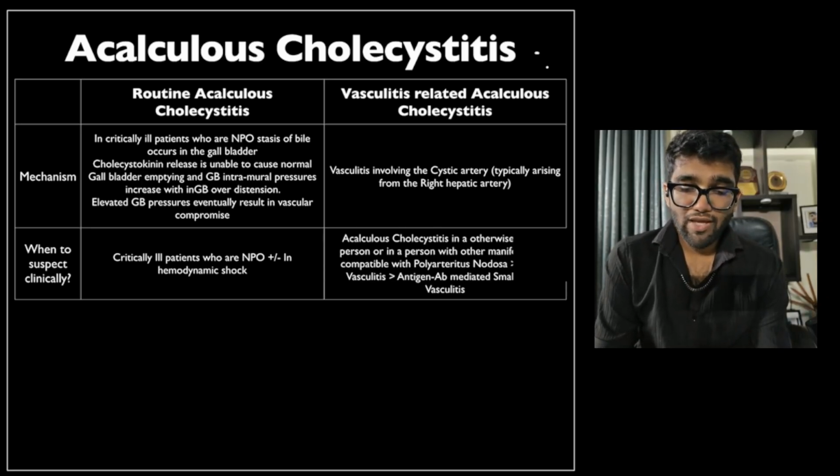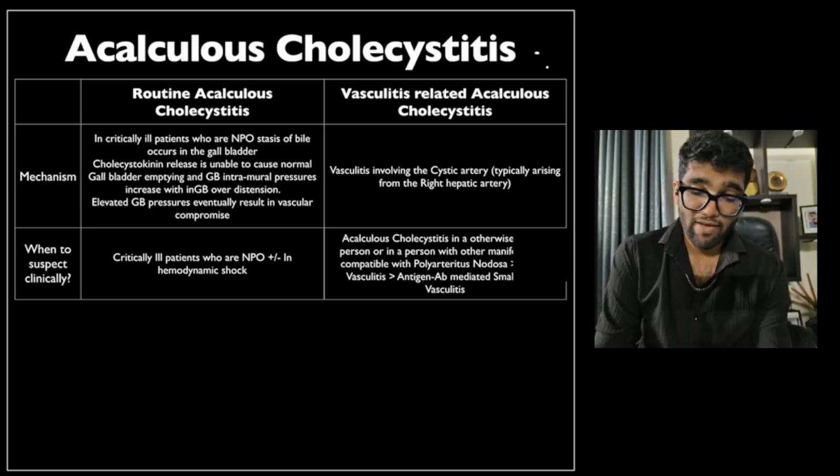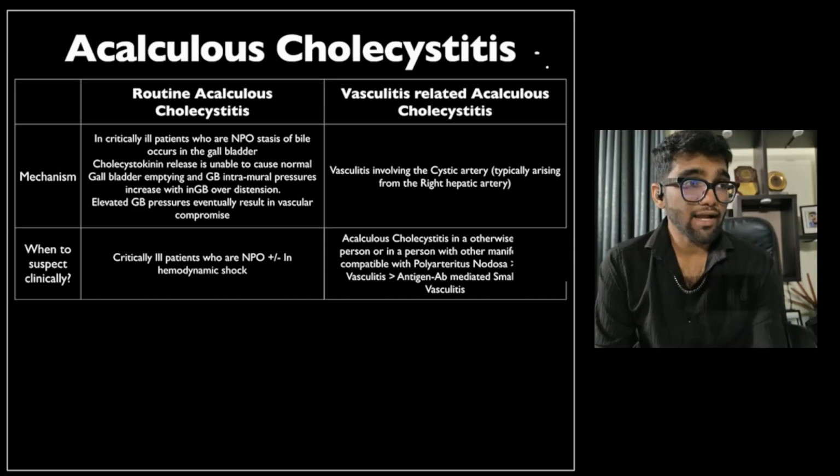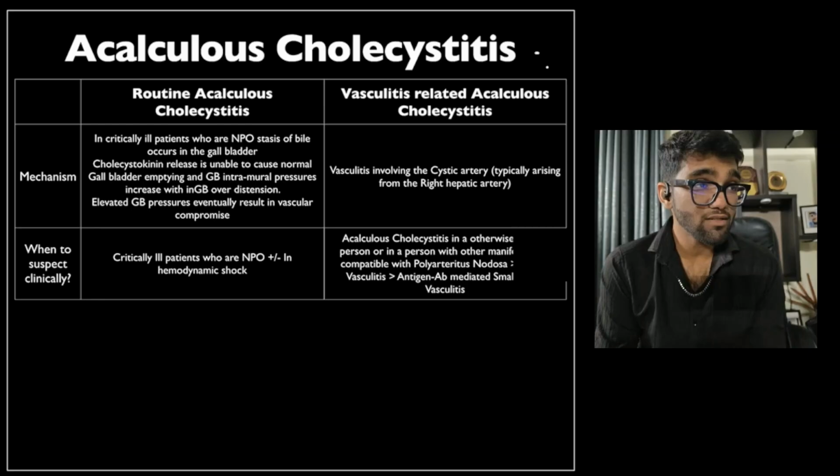Whereas acalculous cholecystitis secondary to vasculitis is suspected in an otherwise apparently healthy person or in a person who has other manifestations that are compatible with vasculitides. The vasculitides that can present with this are polyarteritis nodosa, ANCA vasculitis, and antigen antibody complex mediated small vessel vasculitis. But by far the most common are polyarteritis nodosa and ANCA.